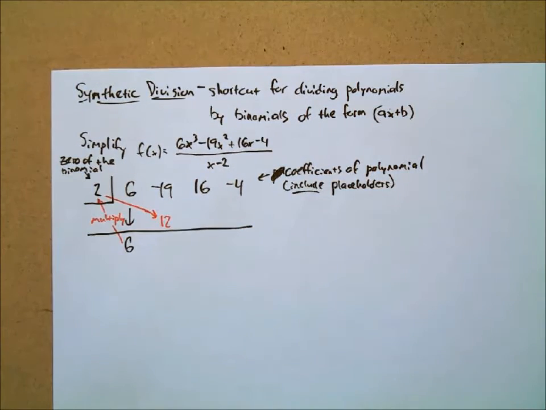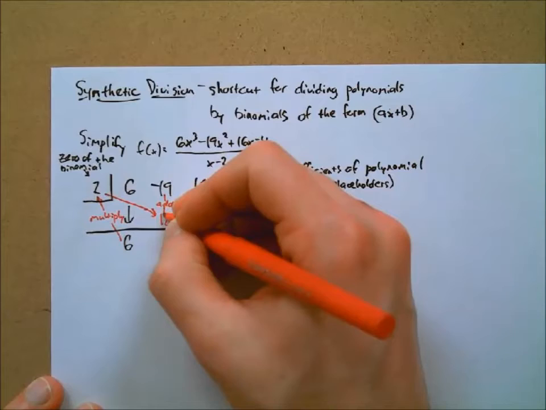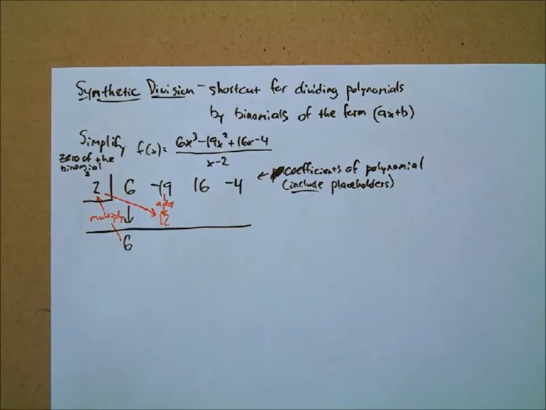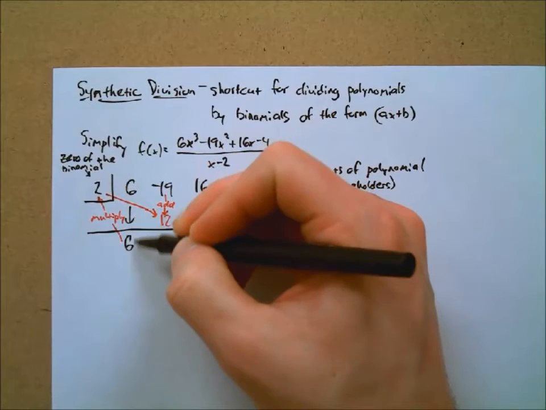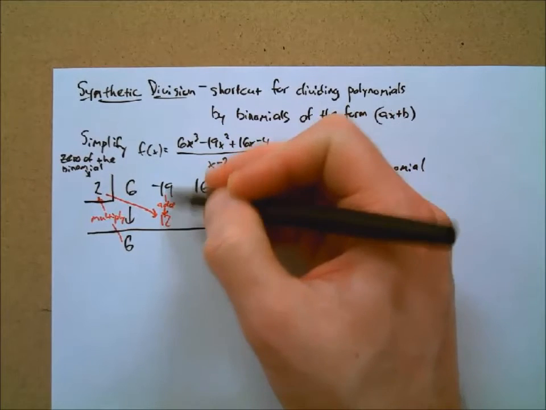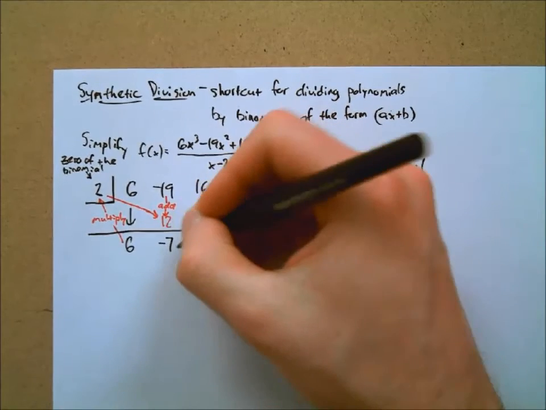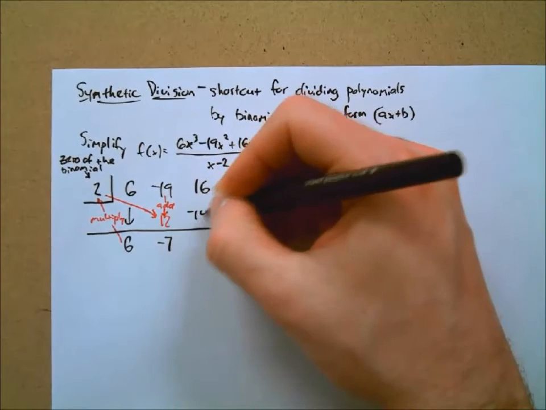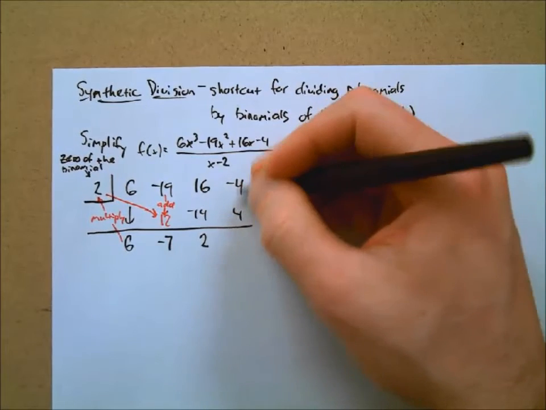Then you take the negative 19 and add it with the 12. And then you repeat the process. So you can think of the 6 being added with a 0, the unknown number here. 6 and 0 makes 6. 6 times 2, 12. Negative 19 plus 12 is negative 7. And then you multiply again. Negative 7 times 2, negative 14. 16 and negative 14, 2. 2 times 2, 4. Negative 4 plus 4, 0.